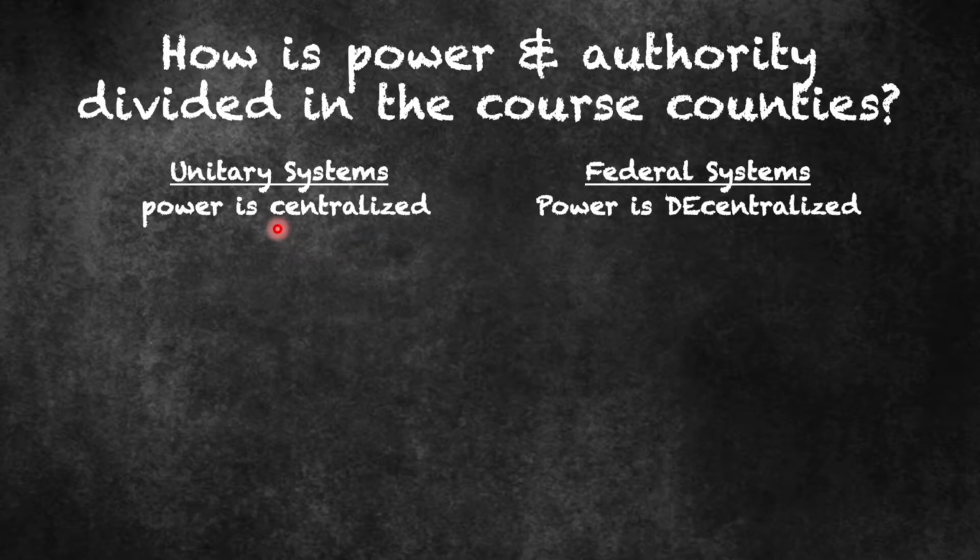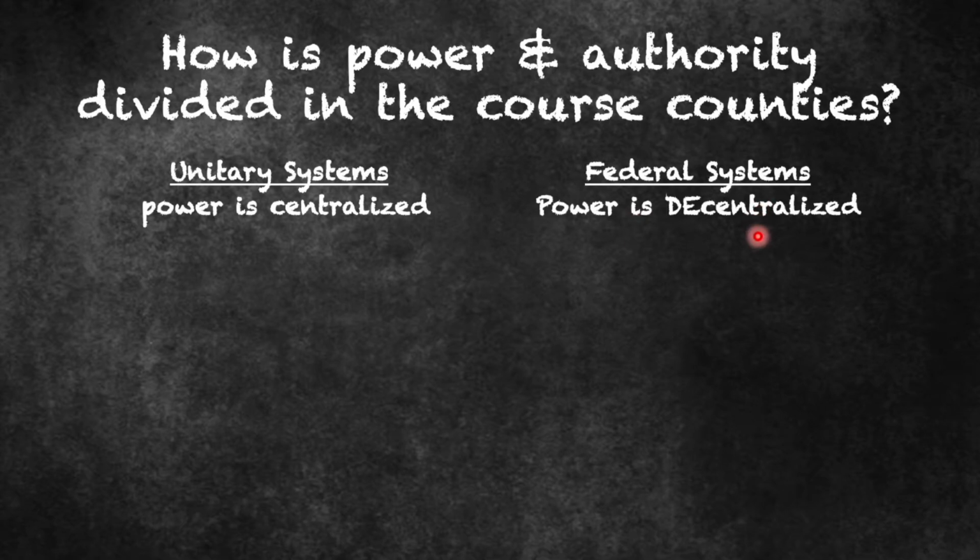Basically, we say that a unitary system is characterized by centralized power, meaning that there is one government that retains the most power, the formal authority to make laws for the entire country. There will be less room for regional or local governments to make decisions in a unitary system.